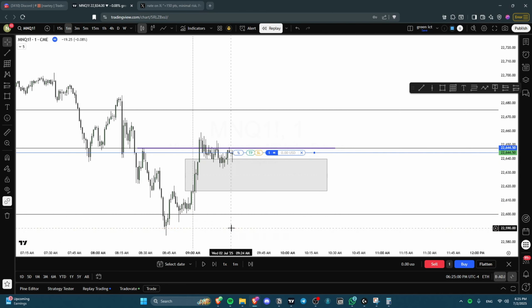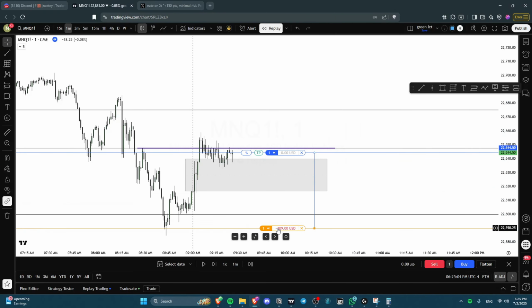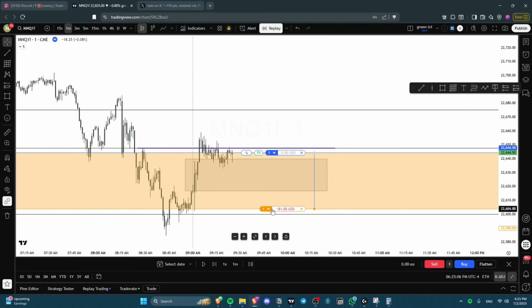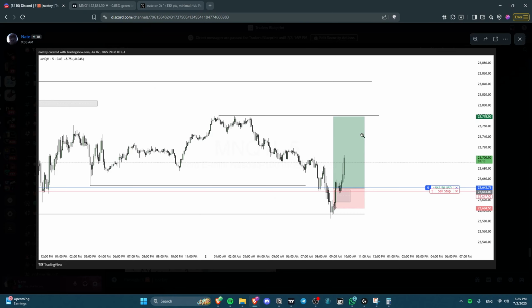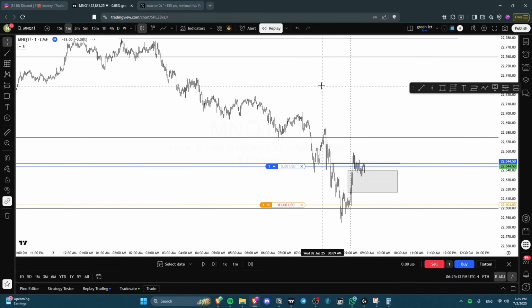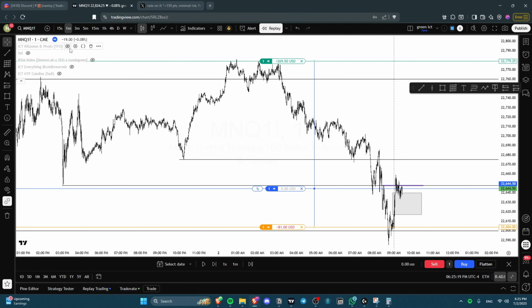We can just put it here. I had my stops around 604. Let's put that here. 604 stop, and my target was 778. 778 was all the way here. These London highs, I think.